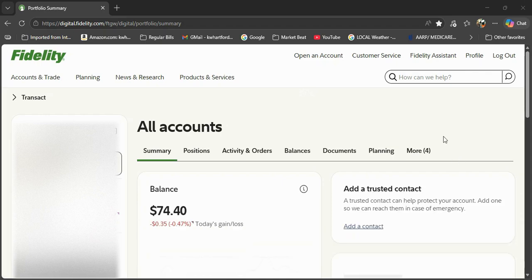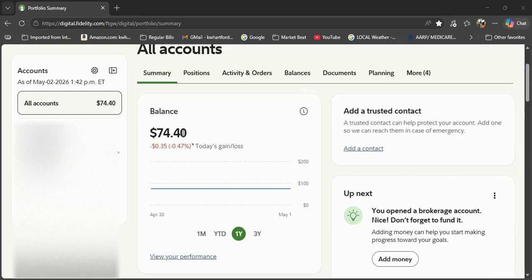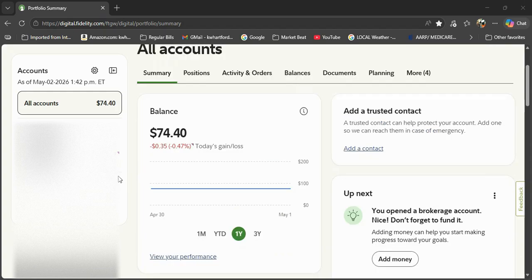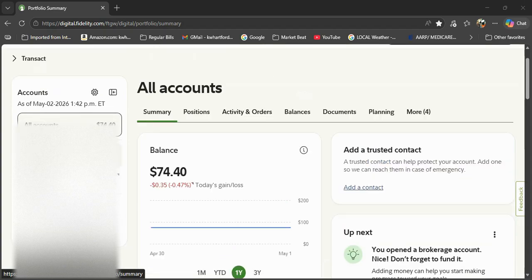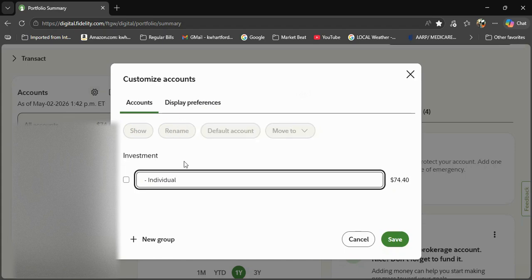Okay, so what I've done here is logged into the new account, and we already transferred $75 into it. And one thing I want you to see how to do here: down here where it says individual and the account number, we're just going to add a name to that. Hit that little icon there, check off here, and rename.